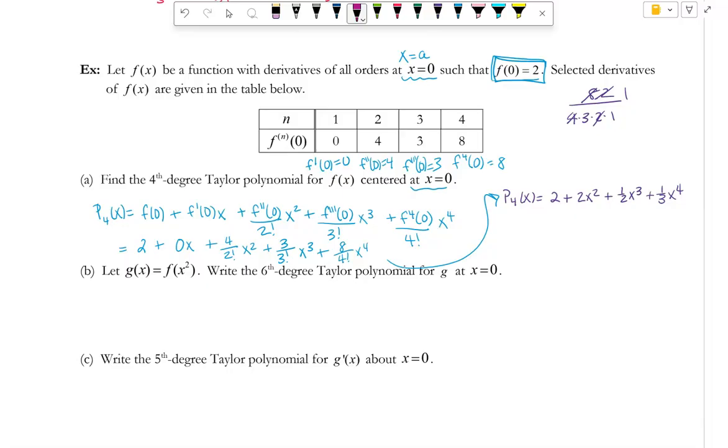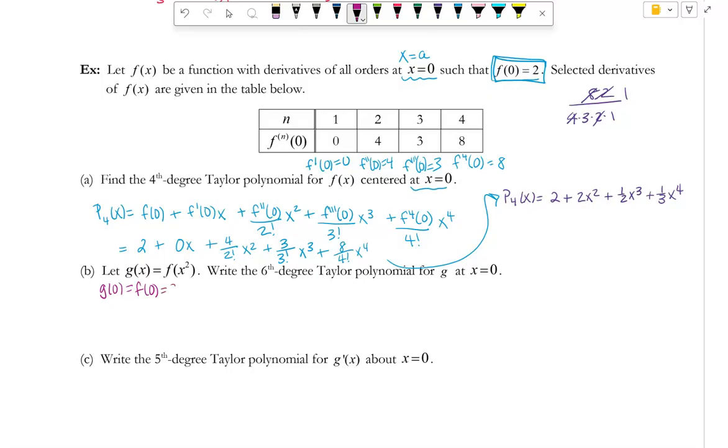So if I wanted to find the 6th degree Taylor polynomial for g, I would need to start with g of x, g is equal to f of x squared, and remember we're plugging in a 0 for that. So like g of 0 would be f of 0, for example, which we know is just 2.